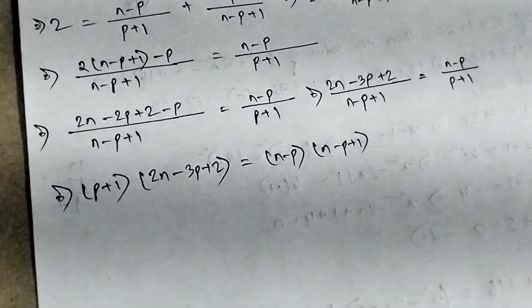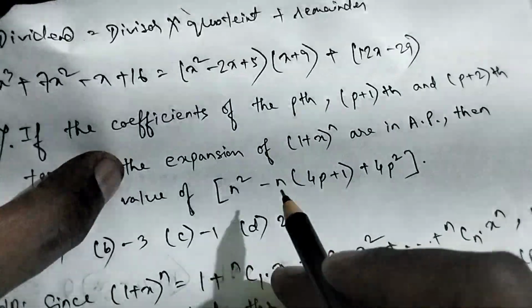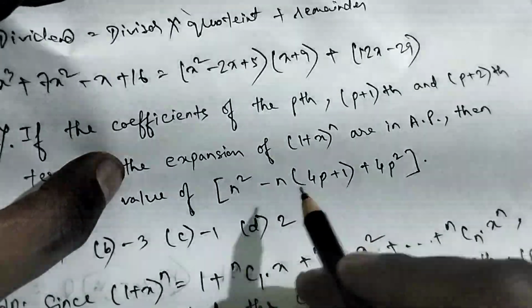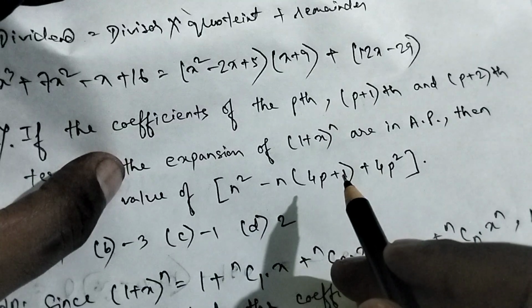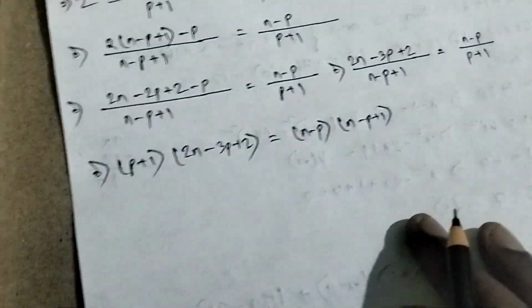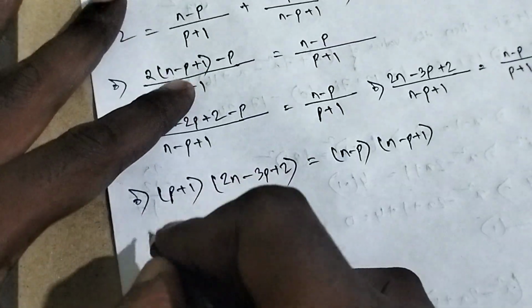What was the value of the expression you have to find? You have to find the value of n square minus 4np minus n plus 4p square. Let's see what happens.